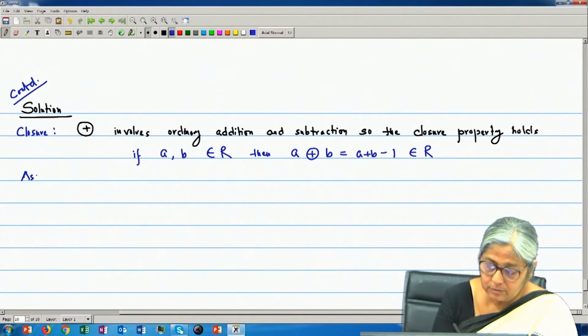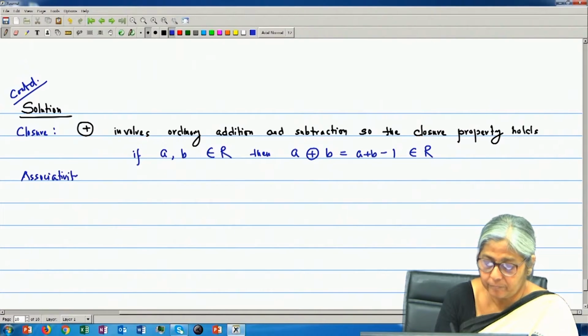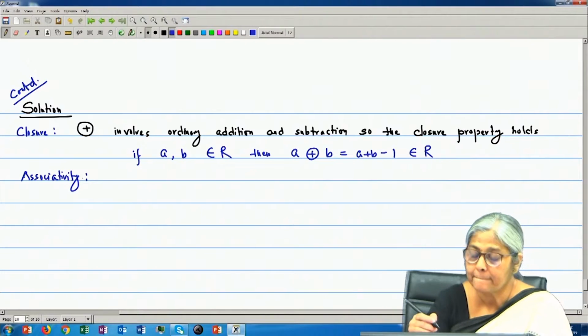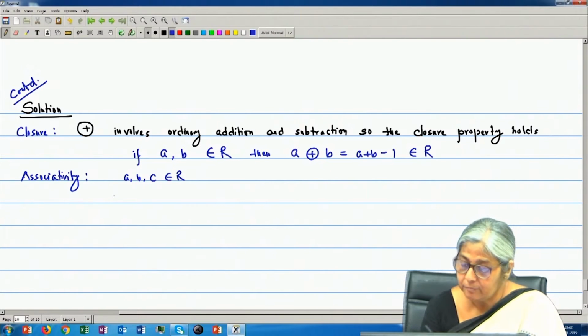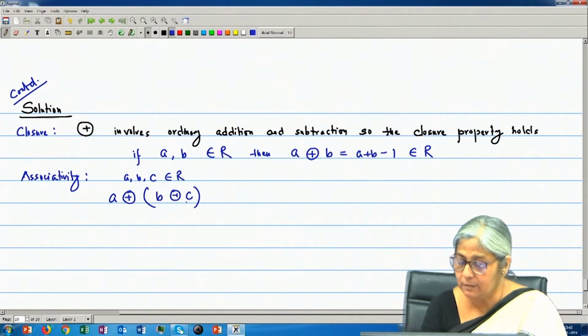Then we see the associativity. If a, b, c belong to R, first we see a ⊕ (b ⊕ c).